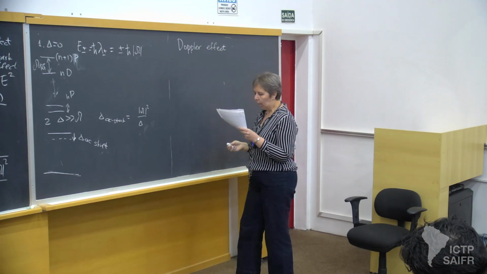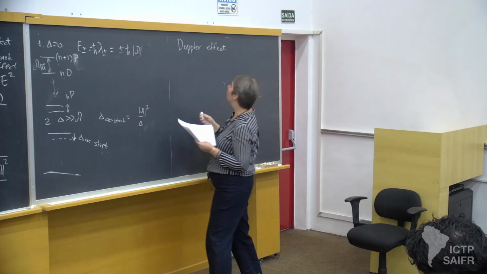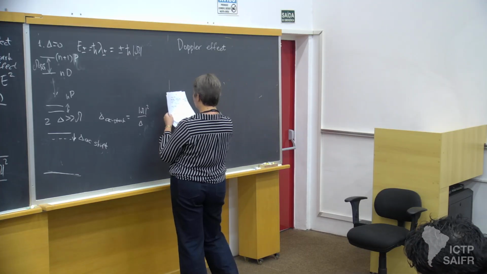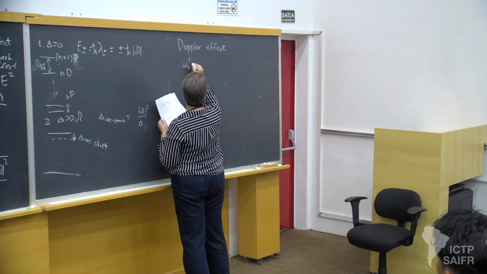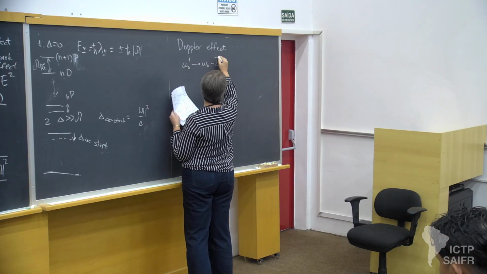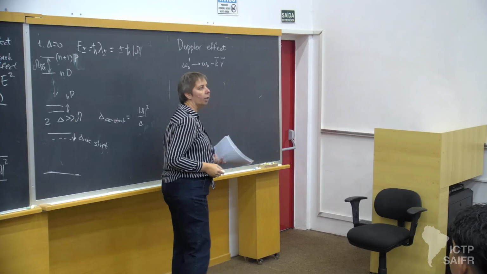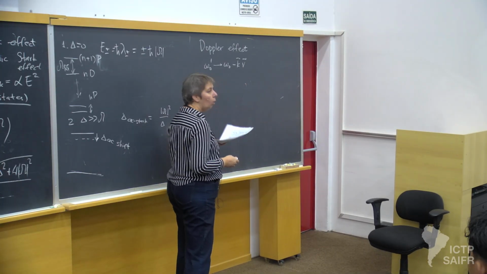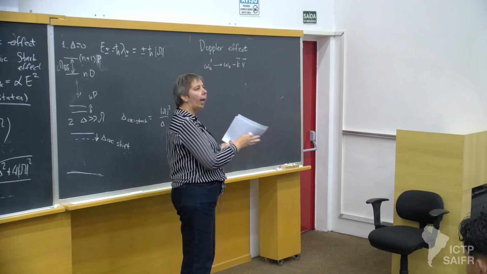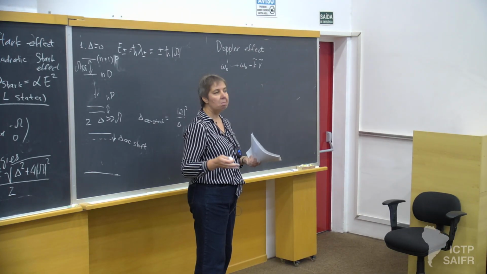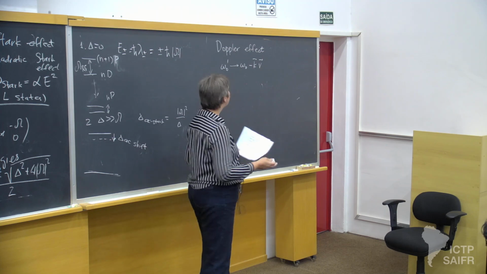Of course, what it means is that if we have an atom moving with respect to our lab frame, then the resonance frequency is going to change depending on the velocity of your atom. Again, you can have cold atoms which are moving, and if you want to measure the velocity of your system, you may be able to do that.